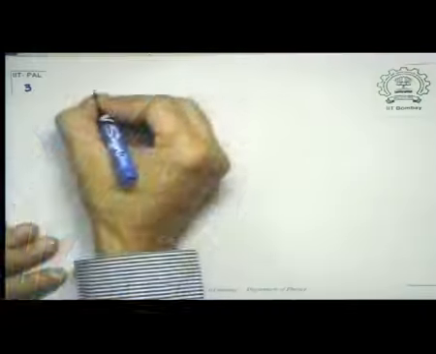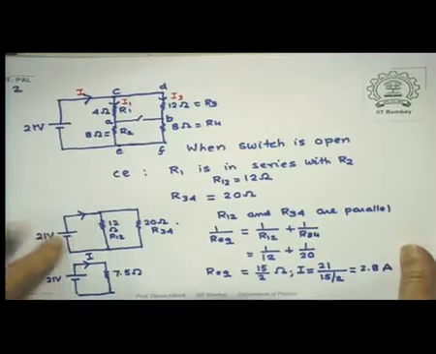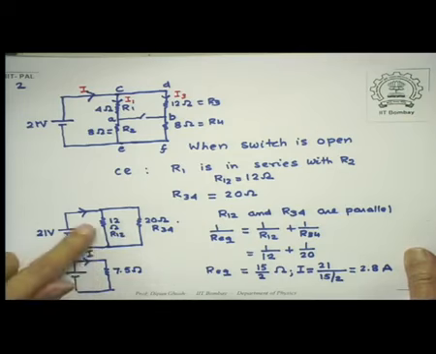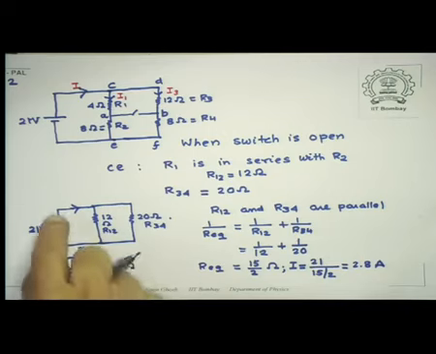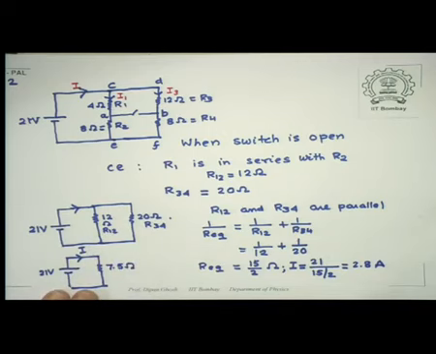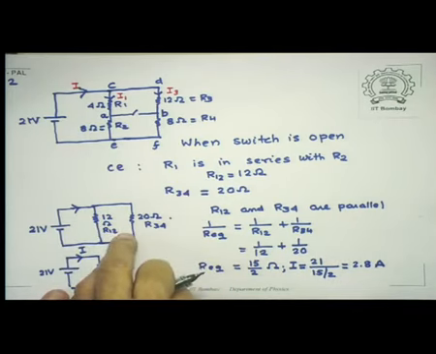So therefore, if you look at the original circuit now, we said just go one step back. Now if you go one step back, what you realize is that this I which came in, which was 2.8 amperes, got divided into this part and got divided into that part.